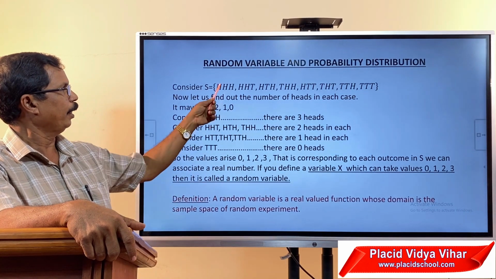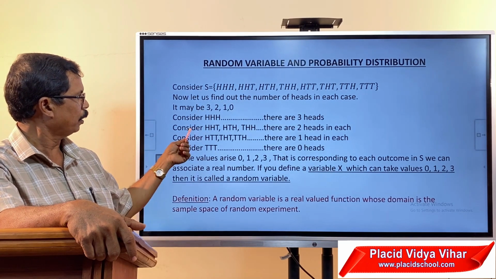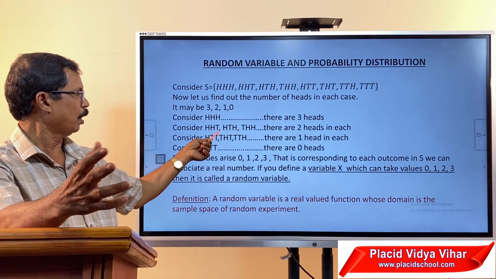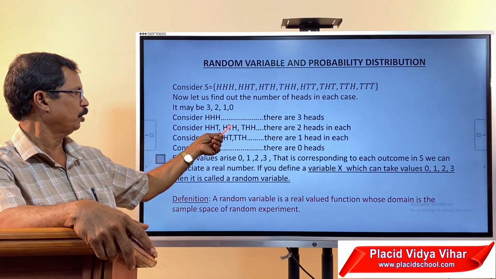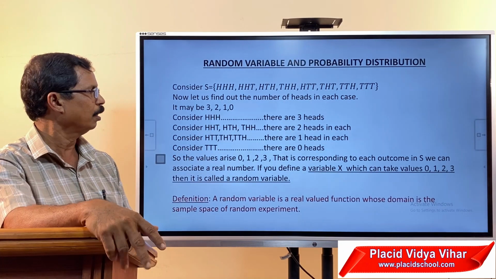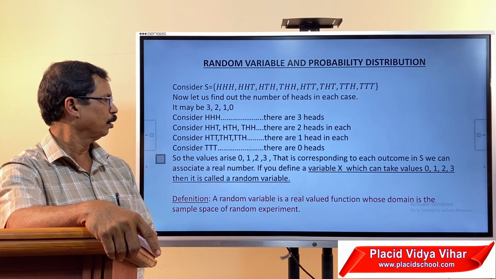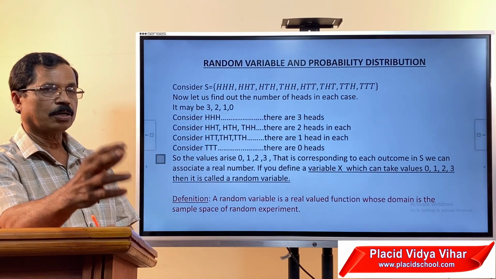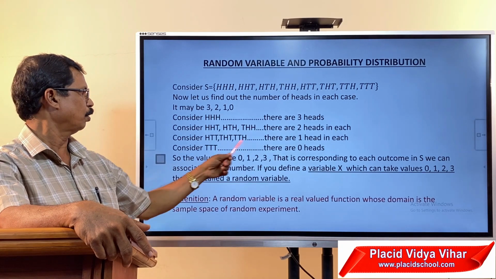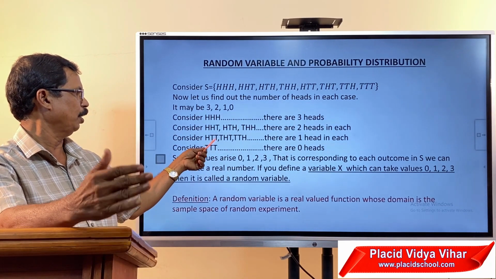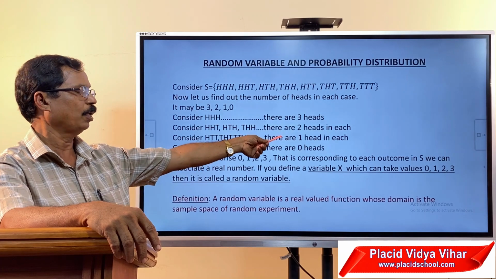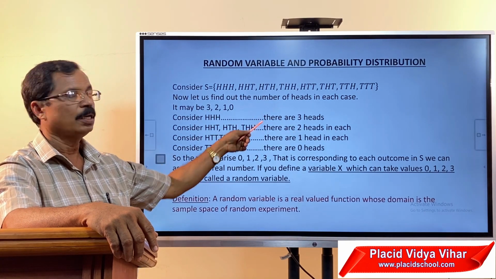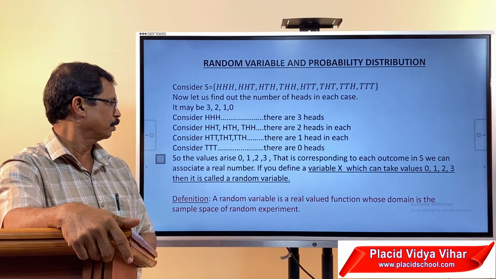Then you take the next 3 sample points, HHT, HTH, THH. How many heads are there? There are 2 heads actually. And what about the last one, that is TTT? There are no heads, so you have to take it as 0. And in the third case, HTT, THT, TTH, there is only 1 head. So these are the number of heads in each case.